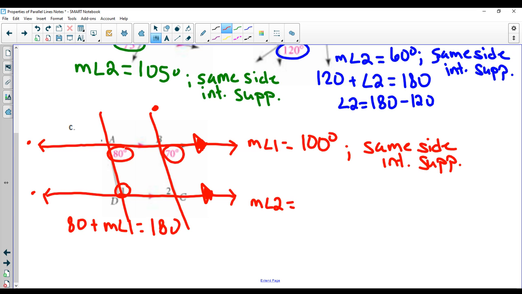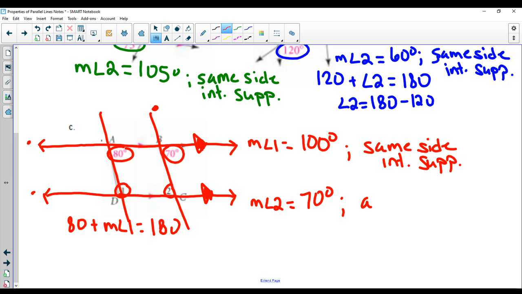This 70 and that 2, I'm noticing they're both inside those two lines, in between those two lines, and they're on opposite sides of this transversal from B to C. That means they are alternate interior angles. And we know from earlier that that kind of relationship is congruent. So we're going to say angle 2 is 70 degrees.